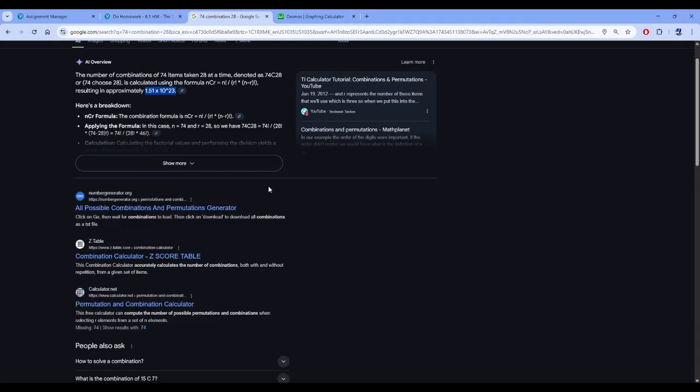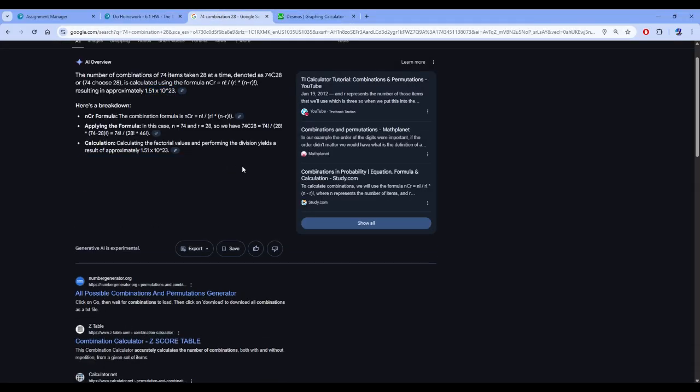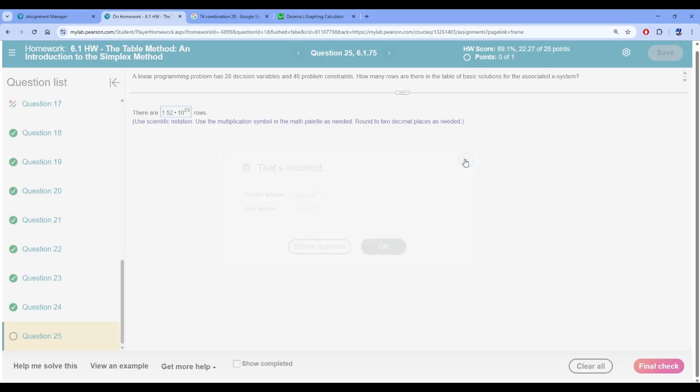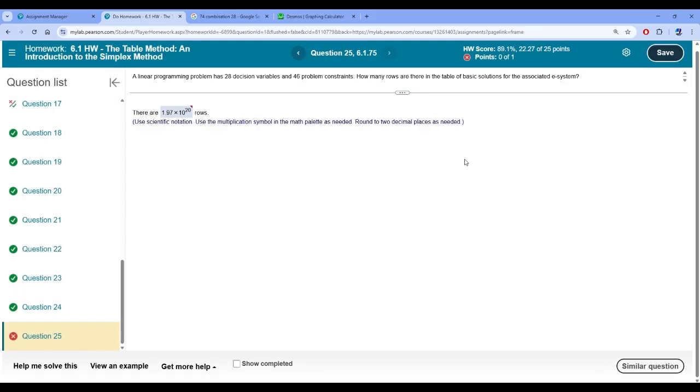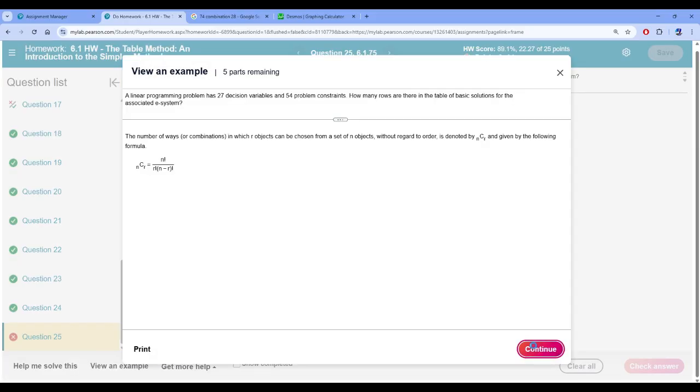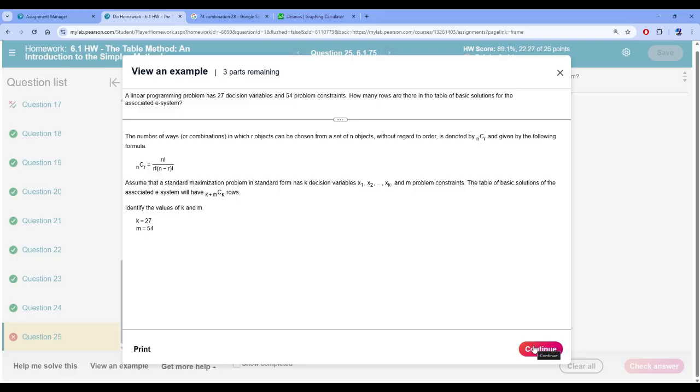Why did I get that wrong? Here, 27 and 54, you add them together, you get 81, choose 27.